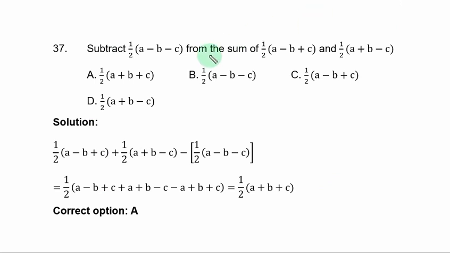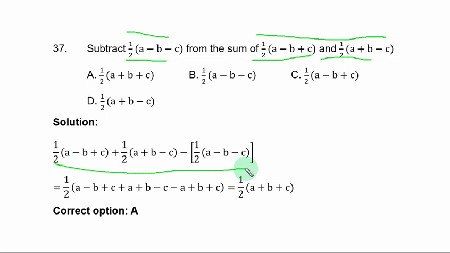Question 37. Subtract this from the sum of this and this. So you start by adding the last two expressions and subtract the first one from it. Critical observation reveals that 1 over 2 is common. So let us factor out 1 over 2. Now this minus sign will open this bracket.